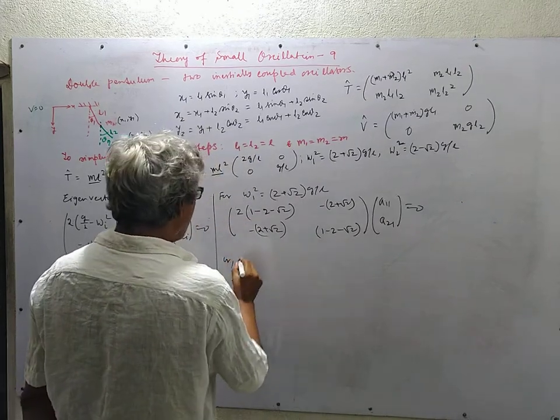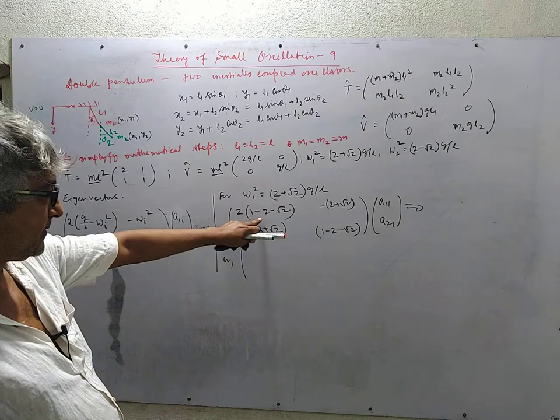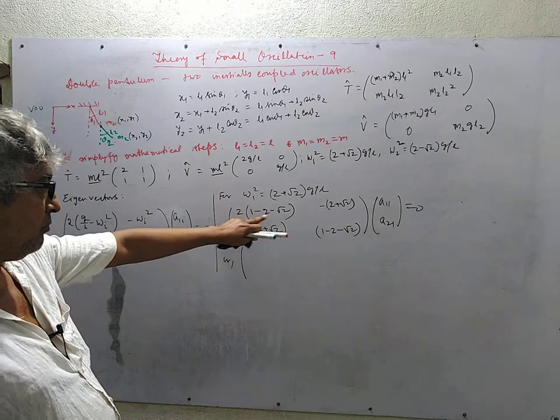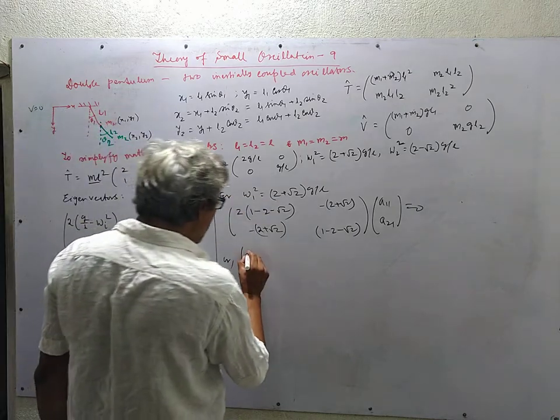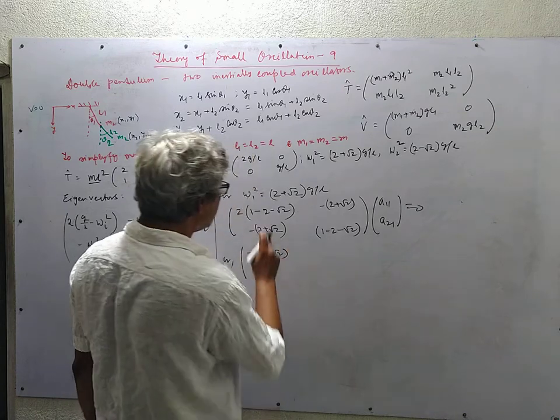Or if we look at it carefully, this is minus 2 (1 plus root 2).